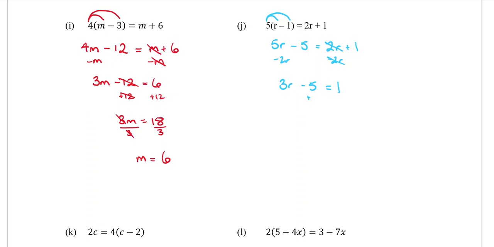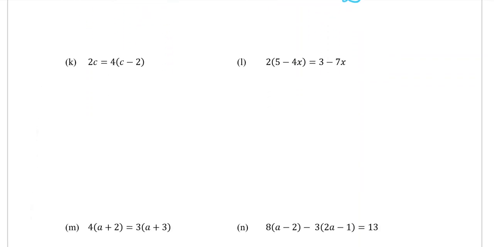Then doing the opposite, we plus 5 plus 5. That leaves 3r equals 6. And then divide 3, r equals 2.